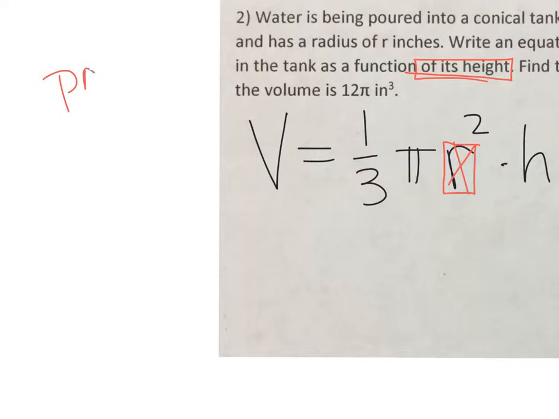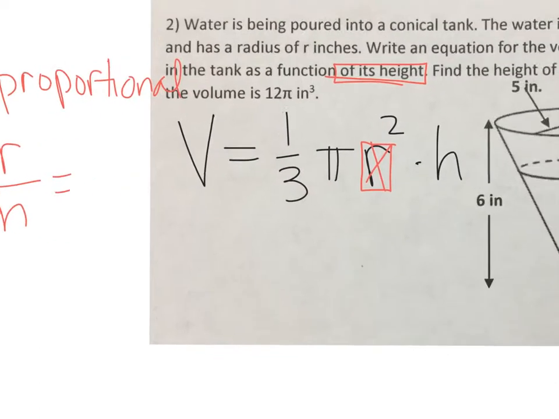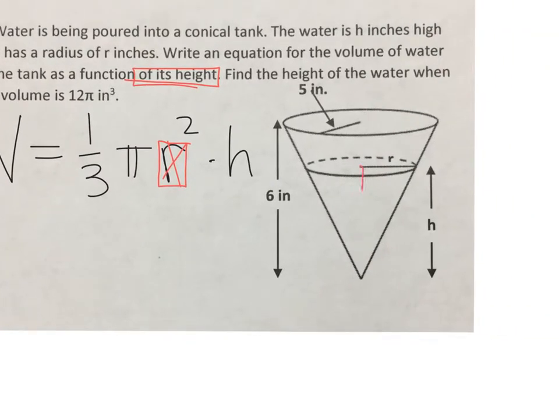And because this is a right triangle, there is a proportional relationship between the radius and the height. So we compare the radius and the height. This radius and this height make a right triangle, just like any radius and any height make a right triangle, which is why these things are proportional, because they all have the angle at the bottom and the 90-degree angle on top in common.